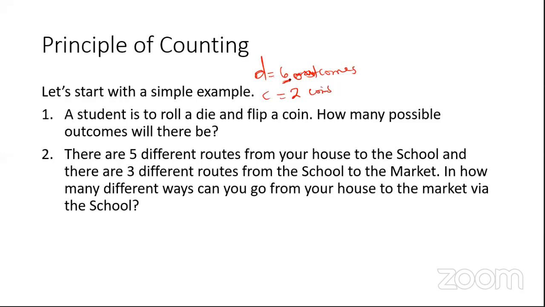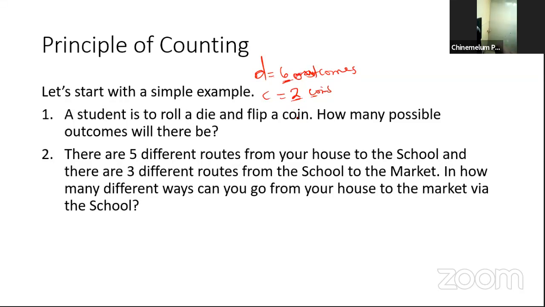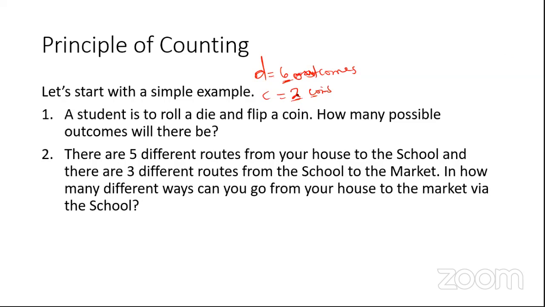I have 6 outcomes for this. I have 2 outcomes for this. So what's the total number of outcomes for the 2? Any idea? Can we say 4 or 2 or 6? Let me look at the possible answers. We may want to guess.